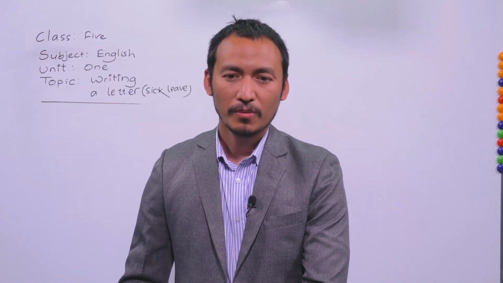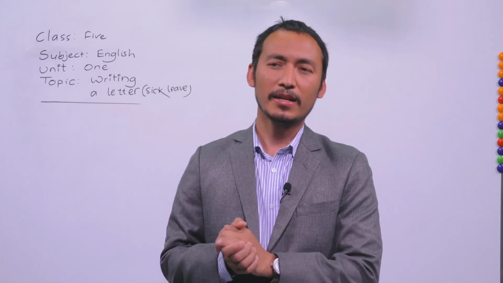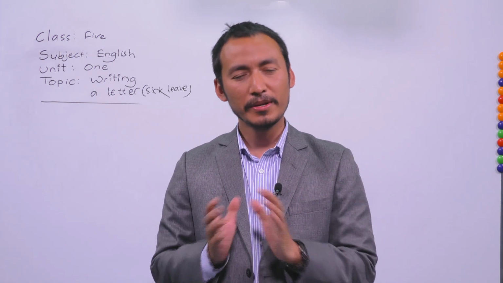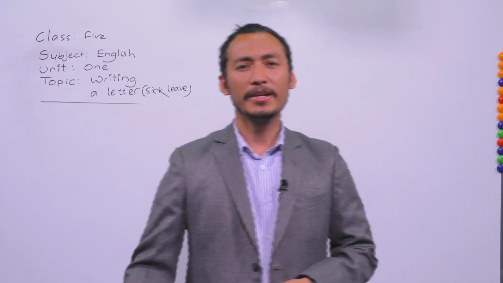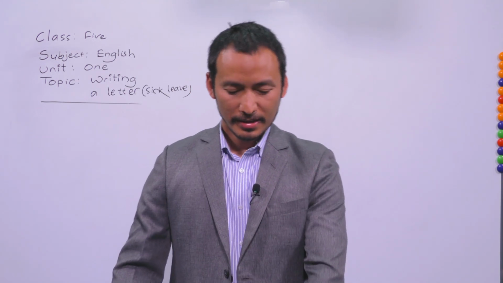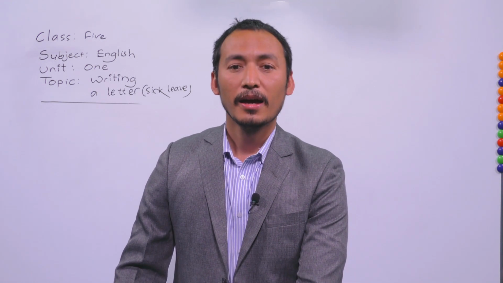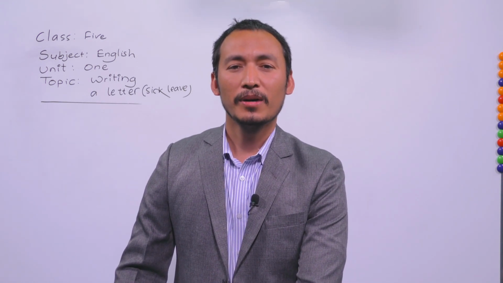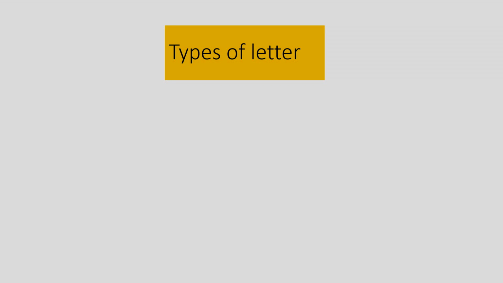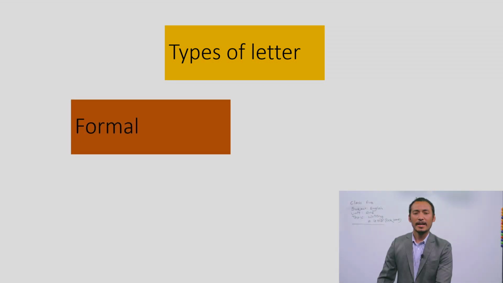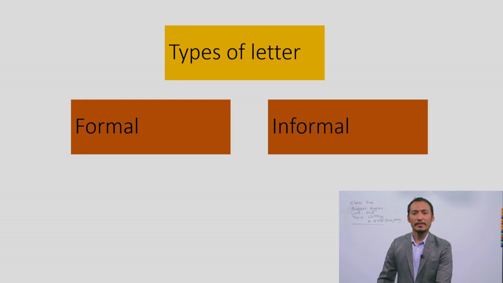Let's see what letters are and what the parts of them are. First, we will go to the types of letters. There are two main different types of letter. Let's see, what are these? Can you guess? Okay, yes, we can call one a formal letter, and another an informal letter.